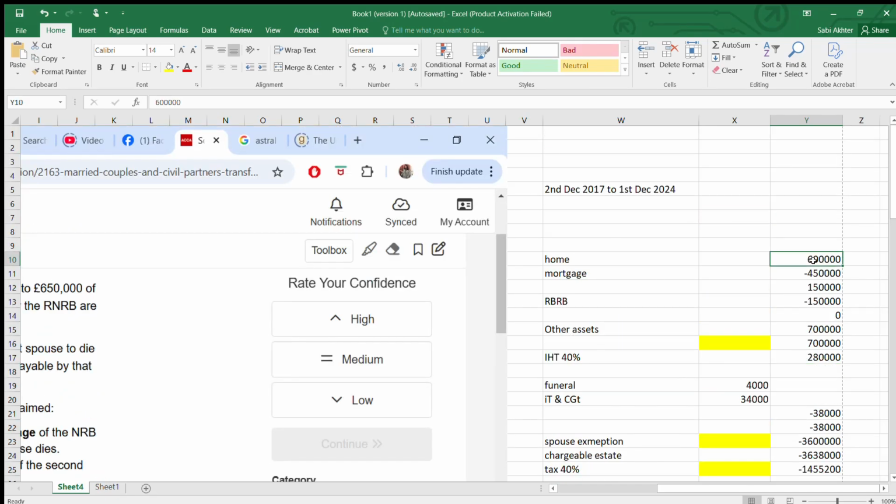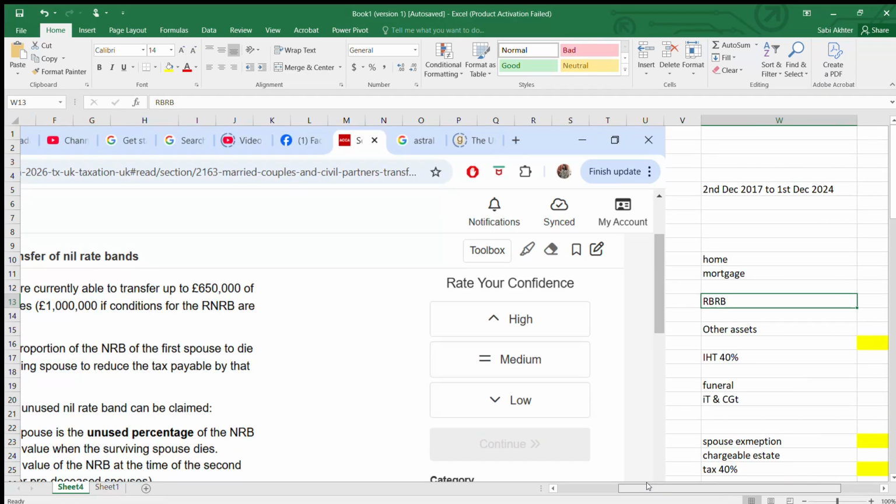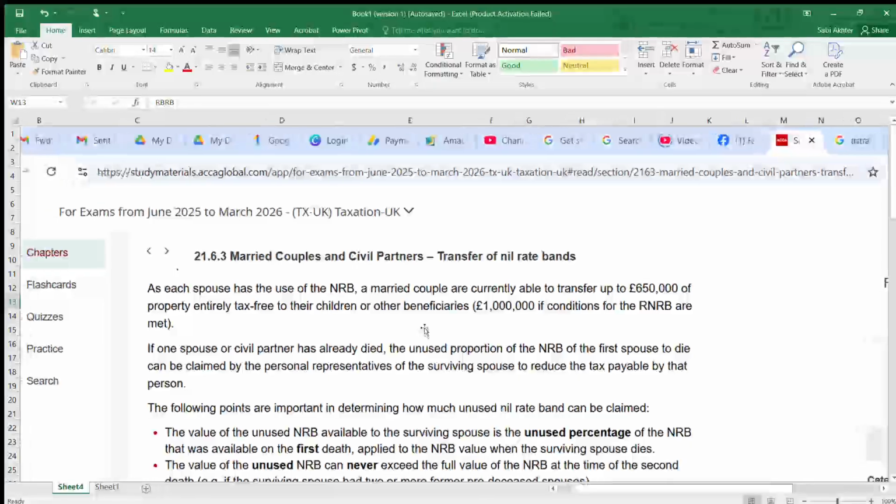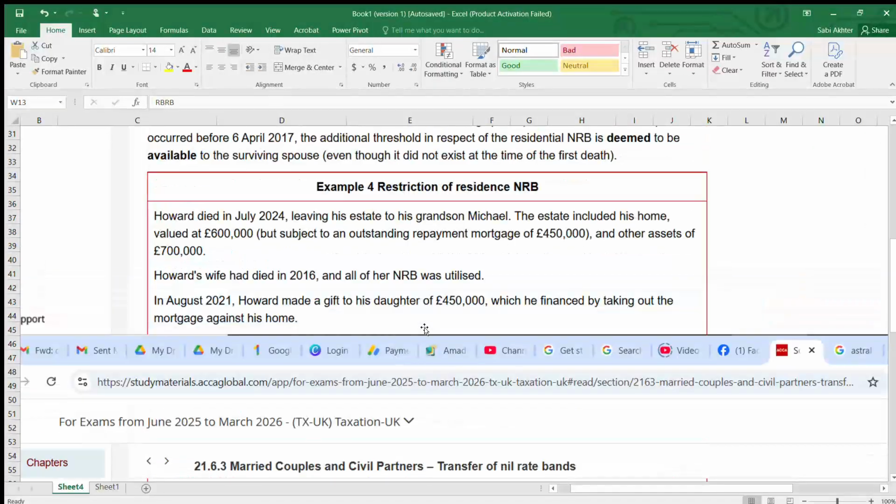Home is 600. We would not deduct the mortgage. The value is 600. And then residence nil rate band, we would be eligible to the two residence nil rate bands. One of the daughter and the other one is Howard's.